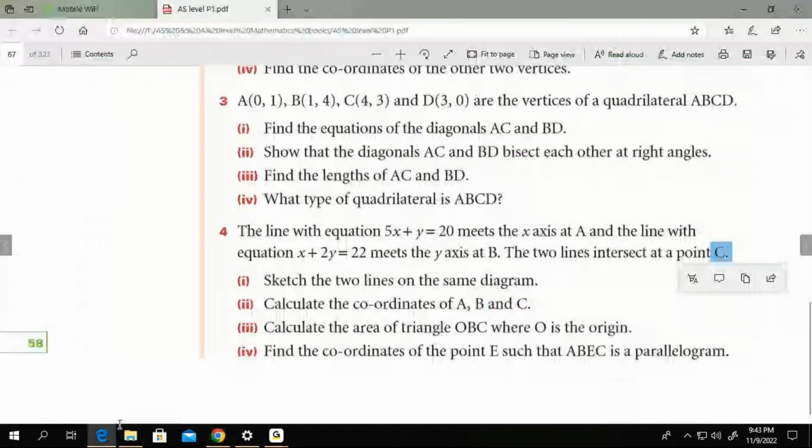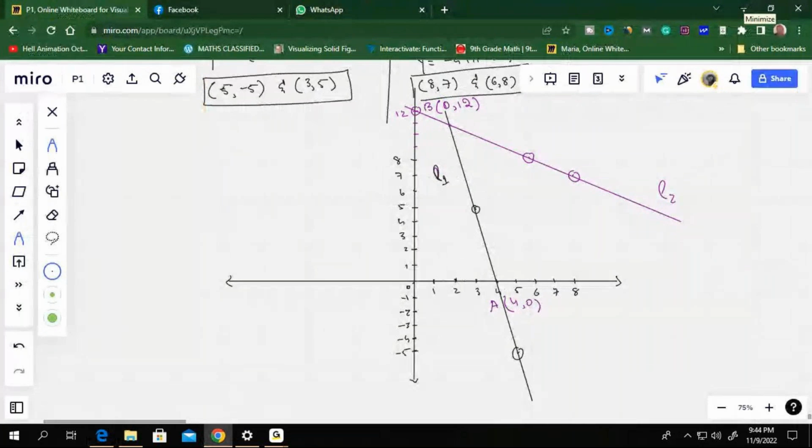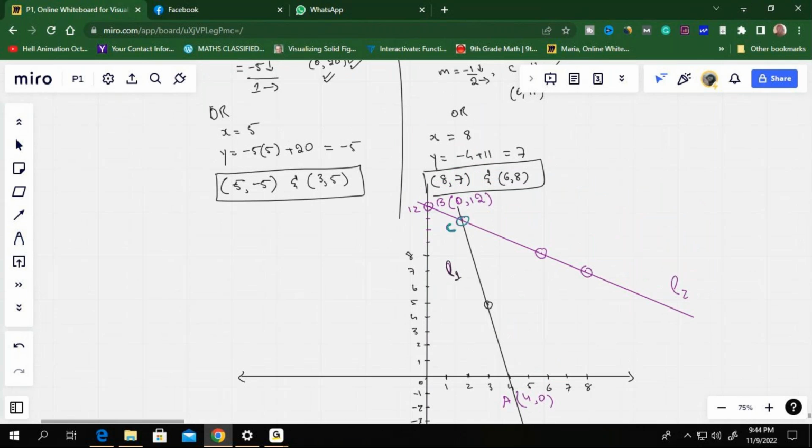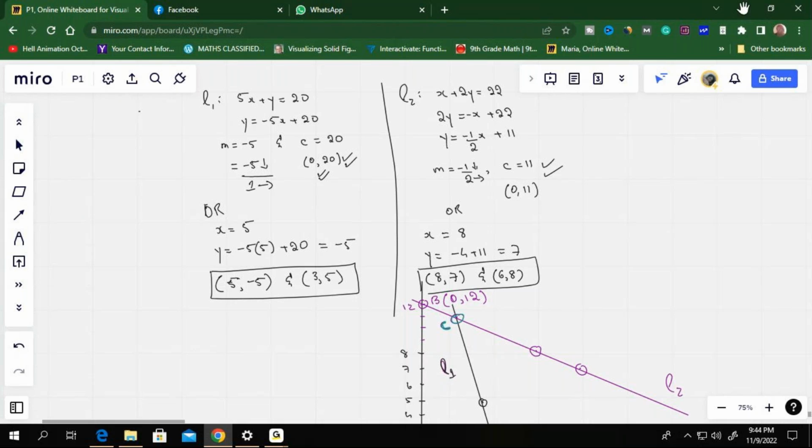And then they have said that the 2 lines intersect at a point C. So now you just simultaneously solve these 2 equations and get this point C. This is your C. That's what you need to find out. So find the coordinates of your C and tell me what they are. Do it. Solve the equations L1 and L2. Can I see the equation?